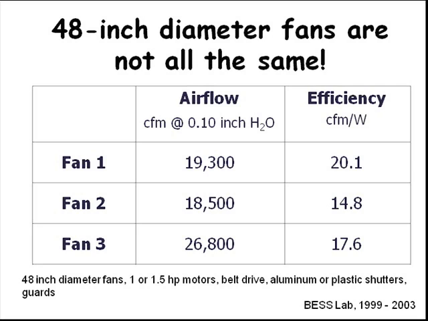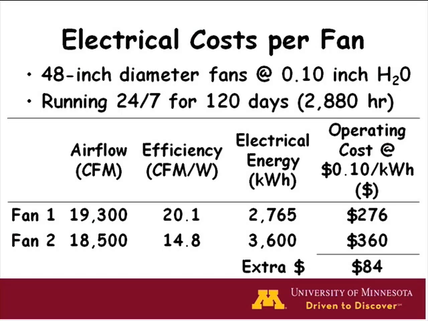Another 48-inch fan moves 18,500 CFM, but its efficiency is down to 14.8. So if we have a third fan, it moves more air, but the efficiency is down less than fan 1. So if we replace that first fan with any of these other fans, we're going to get a different flow rate and a different efficiency.